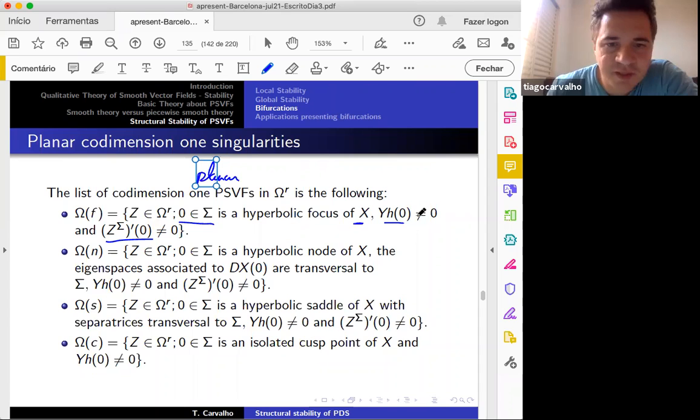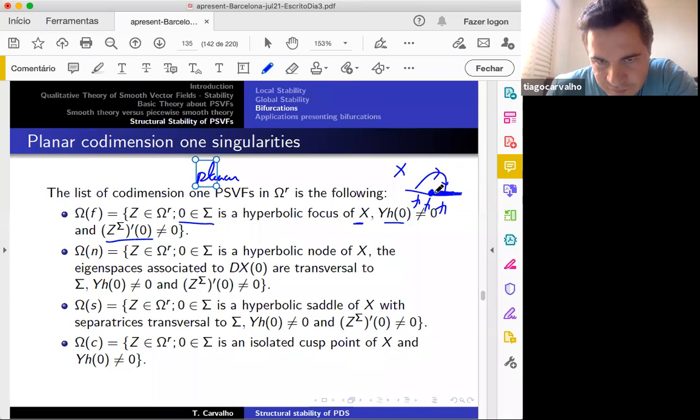So what's happening here? So here we have a boundary equilibrium. There is a focus of the x vector field, and the vector field y is transversal. Okay. Of course, at one side of this focus, there is a sliding vector field.